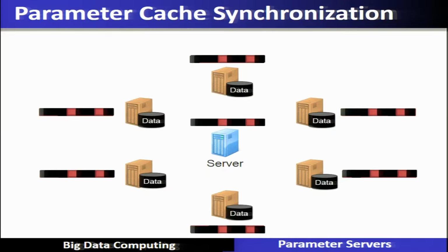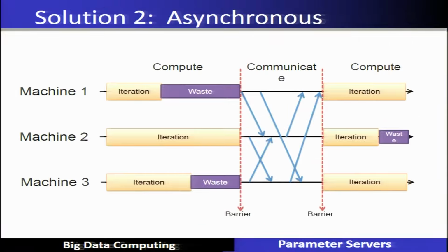That is called cache synchronization. Having implemented cache synchronization in the parameter servers, the problem of accessing the parameter server across the network can become efficient if the access is done through the cache.